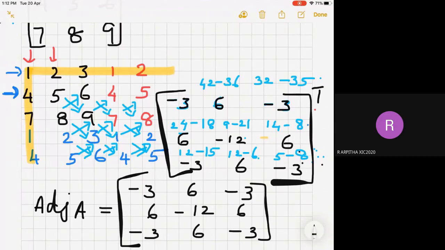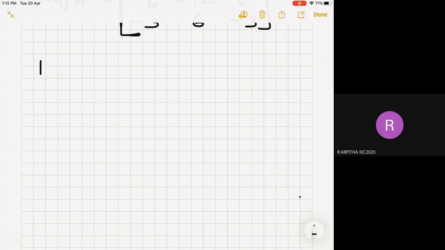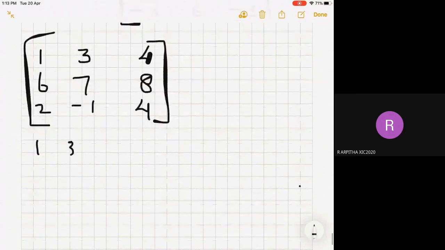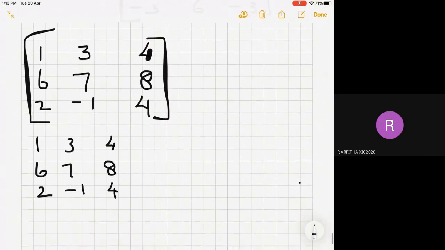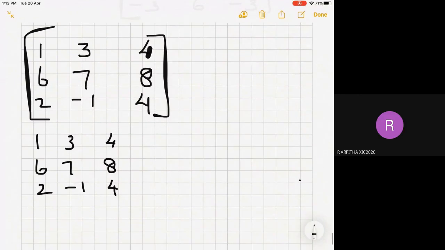So I sometimes teach with another example. For example, 1, 3, 4, 6, 7, 8, 2, minus 1, 4. First I copy down the same elements without any mistake. After that, I copy the first two columns.